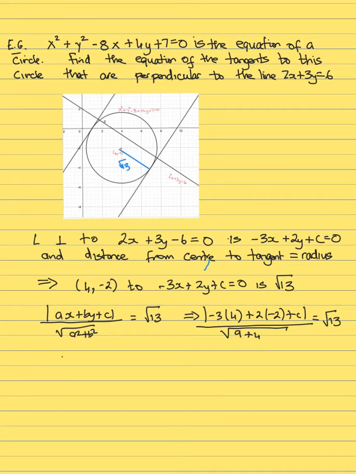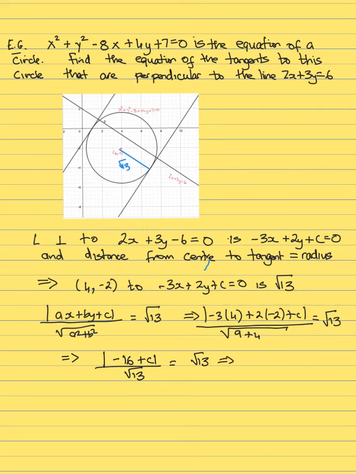Continuing on, working out that top line, we get the absolute value of minus 16 plus c over the square root of 13 equals root 13.